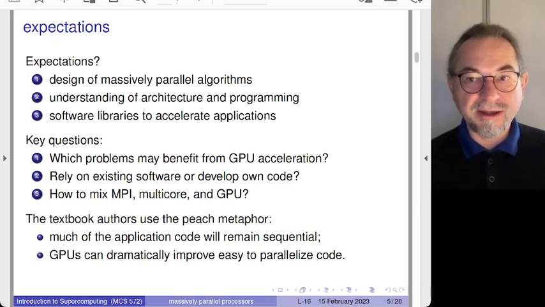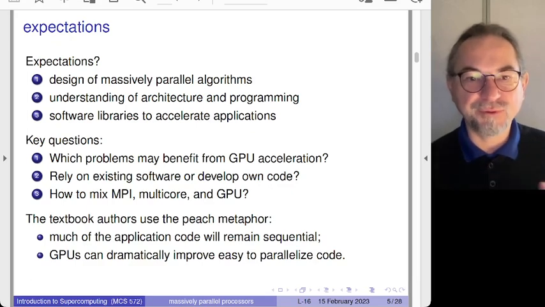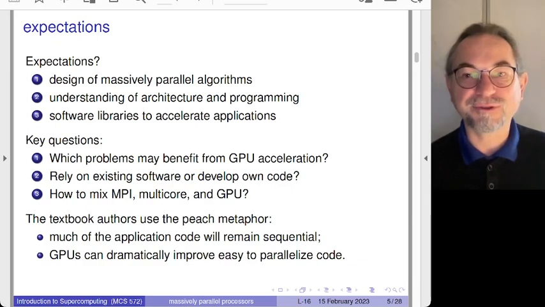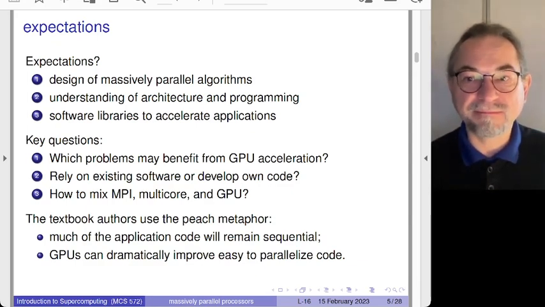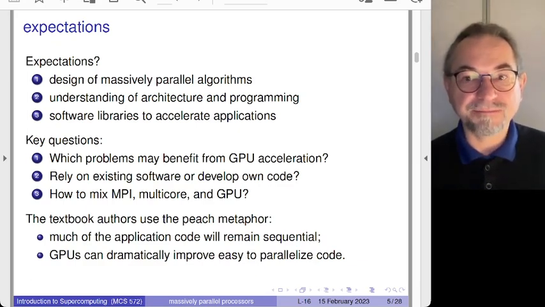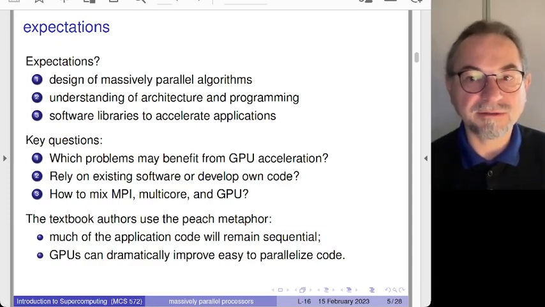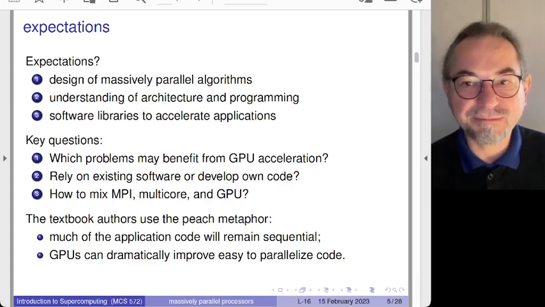Now, every major scientific computing application has been accelerated already. One can also turn it around. If you don't find a GPU accelerated version for certain types of computation, it might be an opportunity for you, but might also be an indication that that type of computation is actually not that useful for science. Okay, so we have some expectations, mainly the understanding.